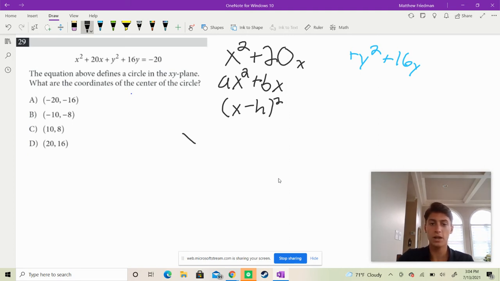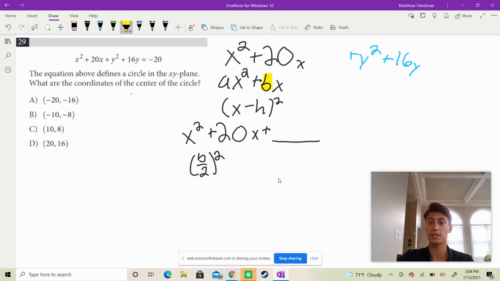We take our equation, x squared plus 20x, and now we need to find a third number to go right here. The way we find that number is we take b over 2 squared. So what does that mean? B in this equation is 20 because b is the number right next to the x.